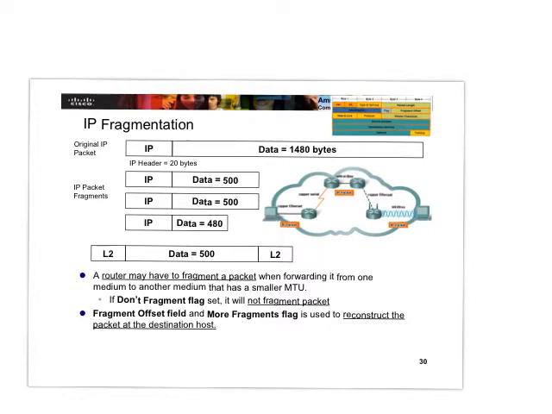You can fragment and then fragment again, no problem. But if you fragment over fragmentation, do not defragment until the very end router. So you do fragmentation at any point in time as you need, but defragmentation is done once, at the very last router.